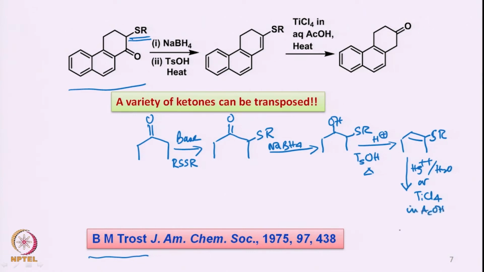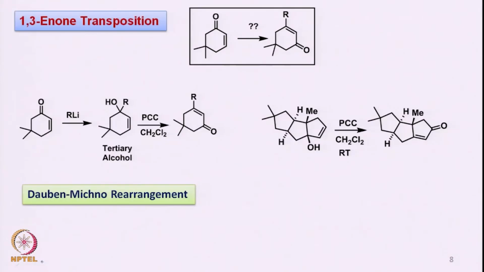So these are some of the ways by which you can hydrolyze it and go to the corresponding ketone. This is the method that is also followed. It is relatively easy: simply reduction followed by dehydration and then hydrolysis of the corresponding vinyl sulfide to the corresponding ketone. So this is another method by which one can transpose a ketone to the second position.